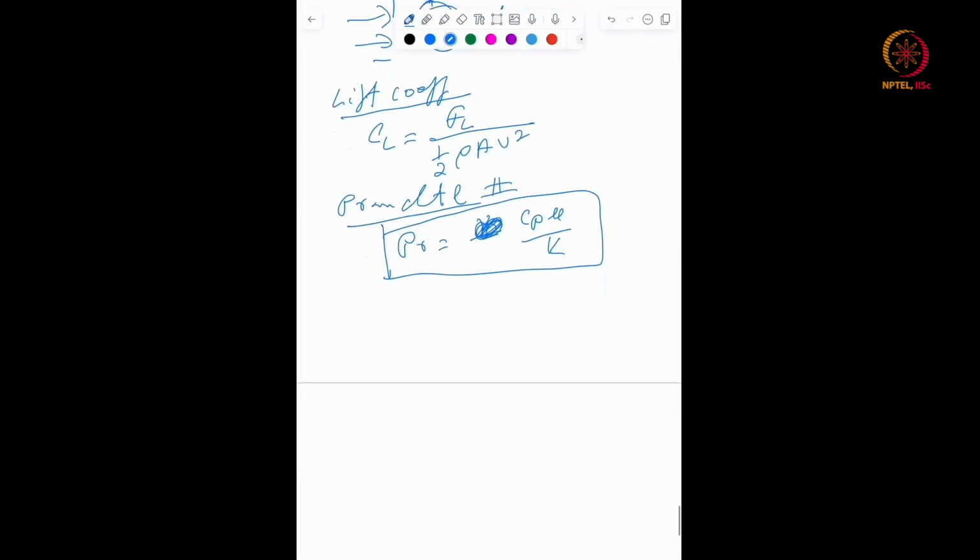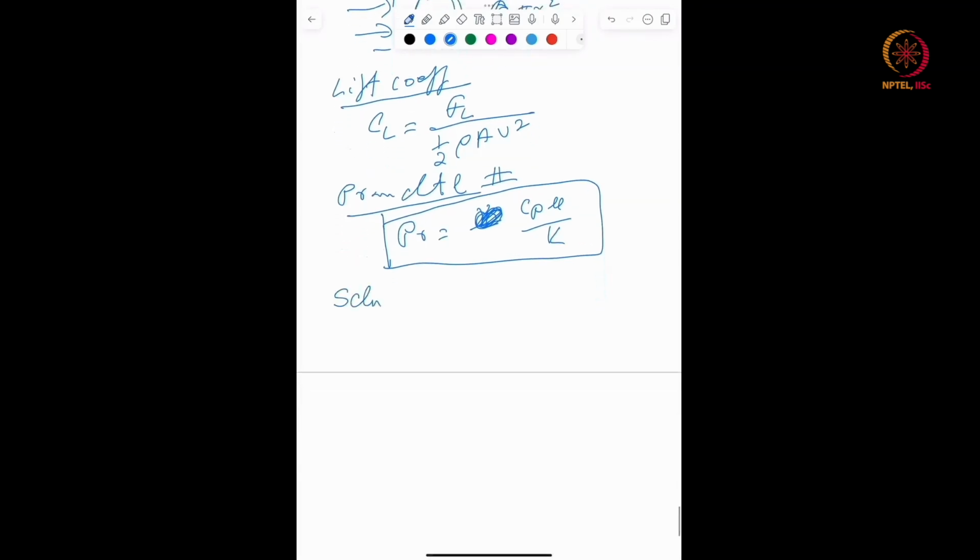But then you have something similar to the Prandtl number. Again, this is a number which is a ratio of two properties. It's called the Schmidt number. Schmidt number, written as Sc, is the ratio of nu by D, where D is the molecular diffusivity of a species.